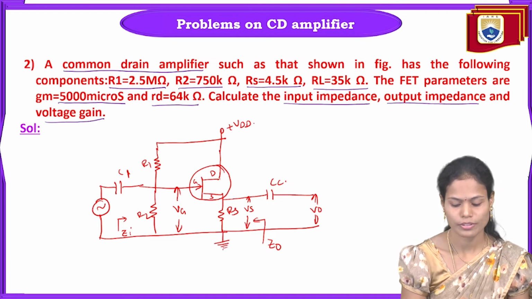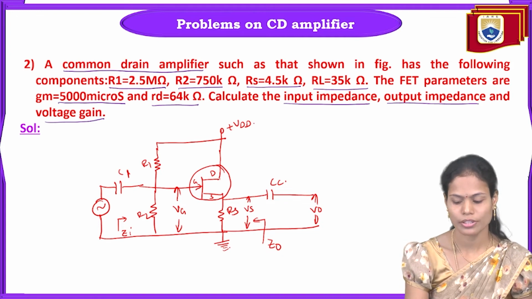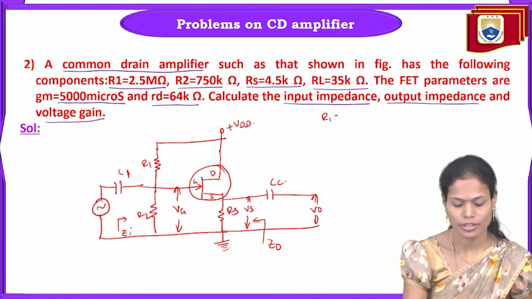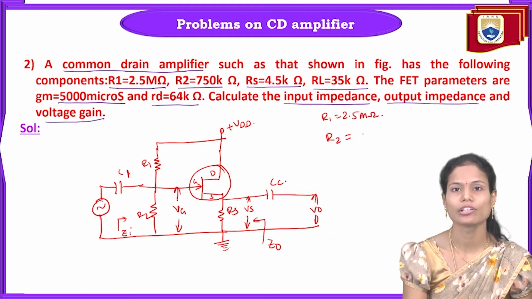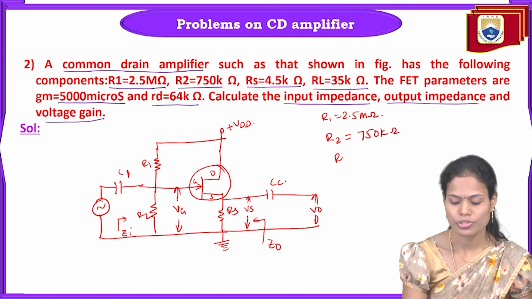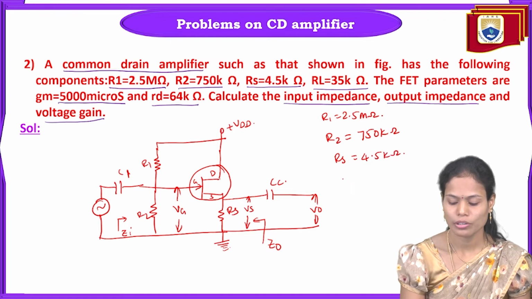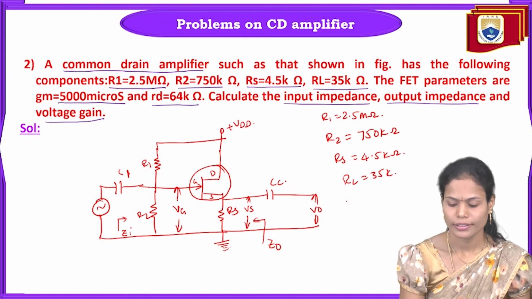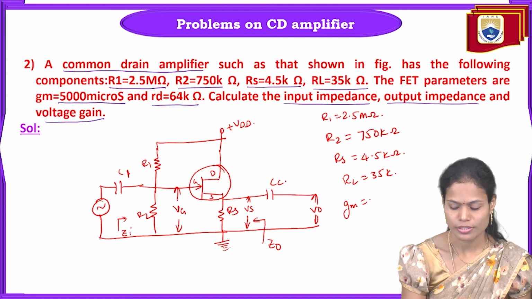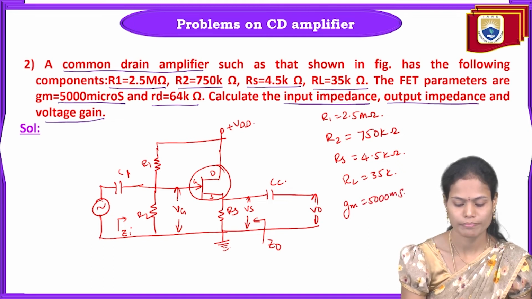Along with this circuit, they gave the R1 value as 2.5 mega ohms and the R2 value is 750 kilo ohms, and the source resistance value is 4.5 kilo ohms, and the load resistance value is 35 kilo ohms, and Gm, the transconductance, is 5000 millisiemens, and RD is 64 kilo ohms.